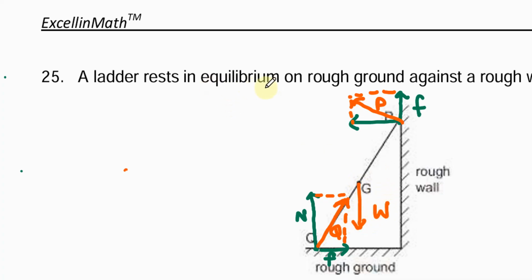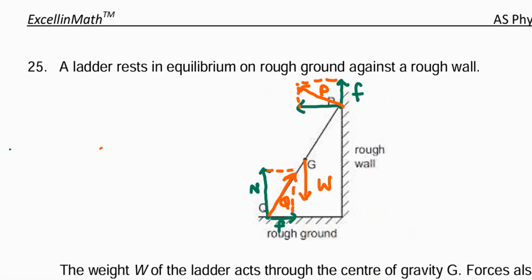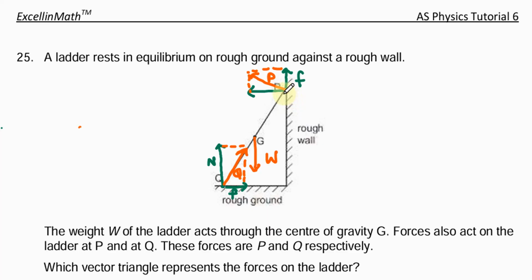Since the system is in equilibrium, we know that we should be able to draw all three forces here in a closed vector diagram with vectors drawn head to tail. So let's start with W. Then we have Q going this way. And we have P going this way.